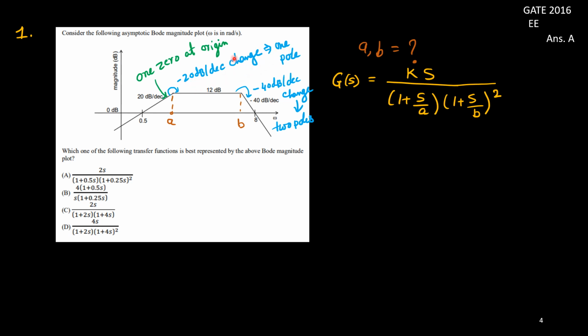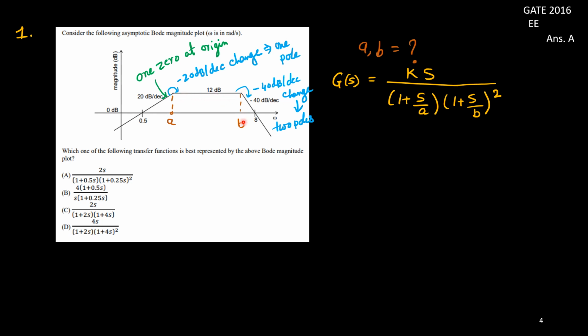So you can see that there is 1 zero at origin, because the s term will be there, only s in the numerator, not in the denominator. This is plus 20 dB per decade. So I can put 1 zero at origin, s. So it is k times s, where k could be any constant. And here I have one pole because it should provide minus 20 dB per decade.